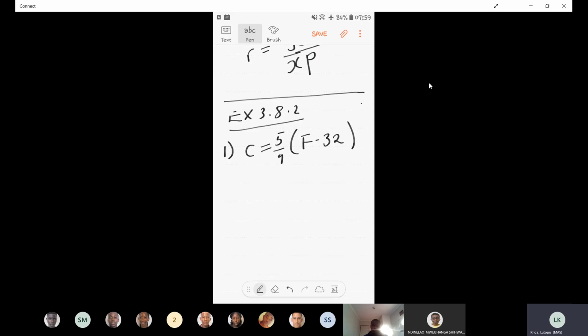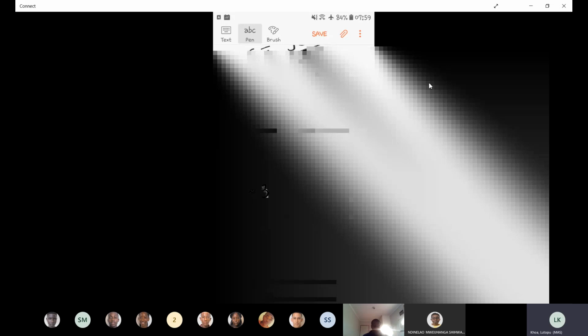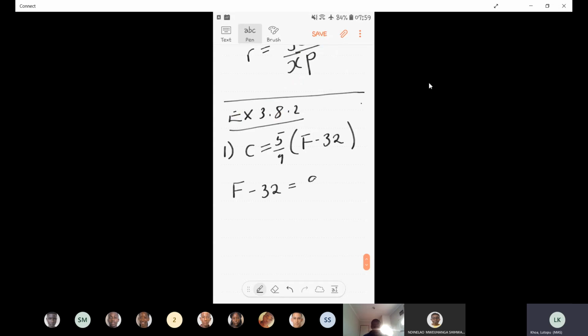First thing we need to do, we will have to multiply by 9 and then divide by 5. So I have F minus 32 is equal to 9C over 5. Then I will just add 32 on both sides. So F is equal to 9C over 5 plus 32.